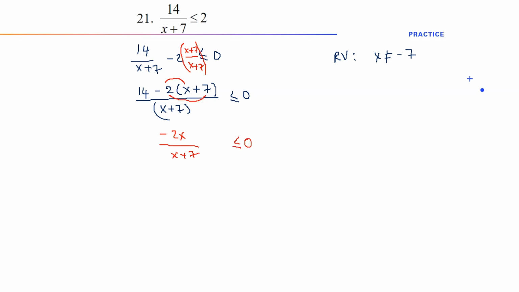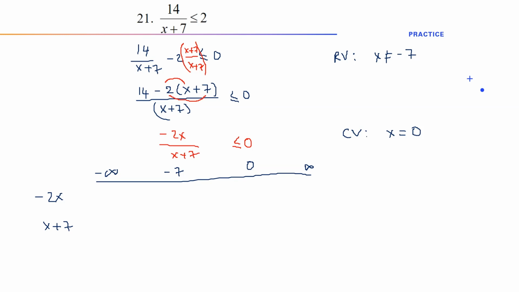Now we make a number line, and before we do that, we find a critical value: x equals 0, because the numerator equals 0 when x equals 0. Now we set the lines up: positive infinity, negative infinity, negative 7, then 0, negative 2x, x plus 7, and then the result.